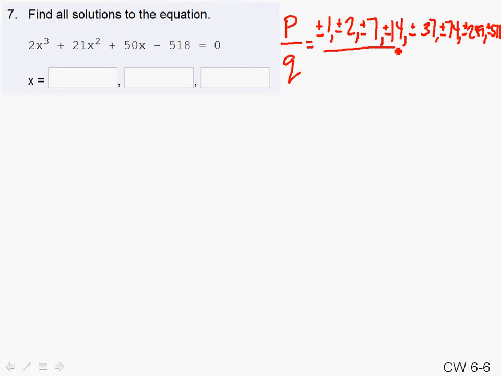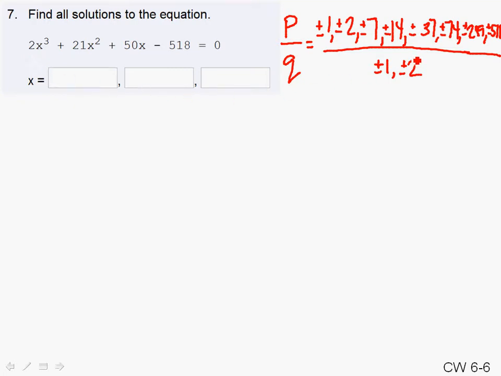All of these could possibly be divided by positive or negative 1 and positive or negative 2. The top numbers are all the possible factors of 518. The bottom numbers are the possible factors of 2. So this is our rational root theorem.